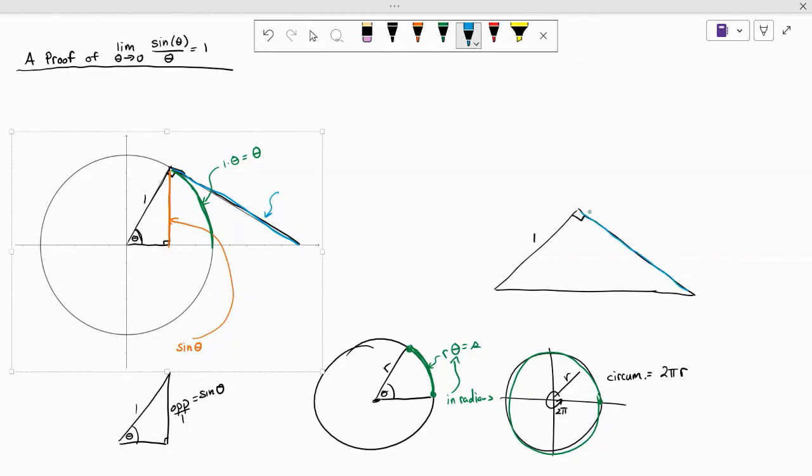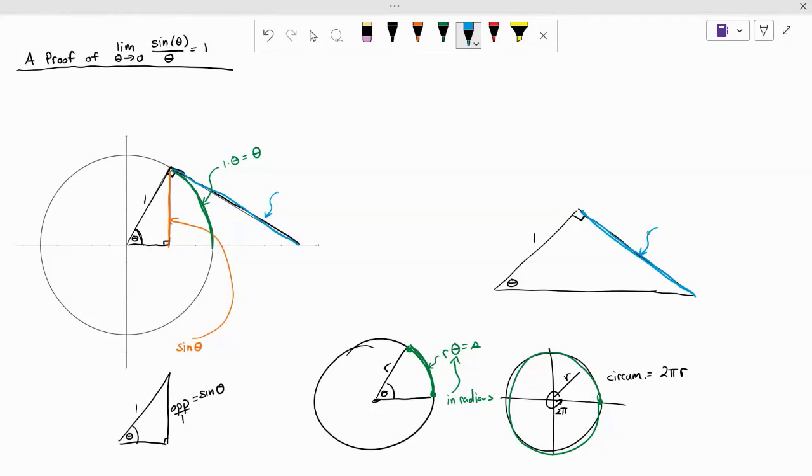Then we have the blue side. And here's our angle theta. So can we express the blue side as a function of theta? Can we express that length in terms of theta? Think of trig functions, right?